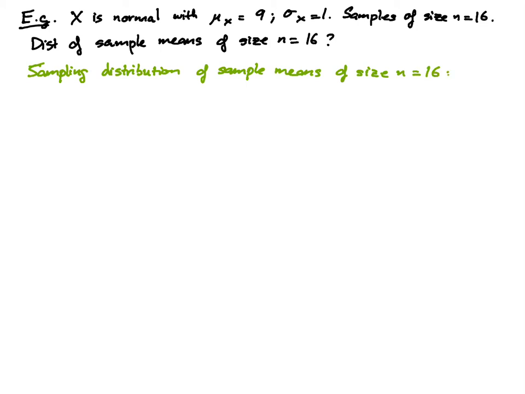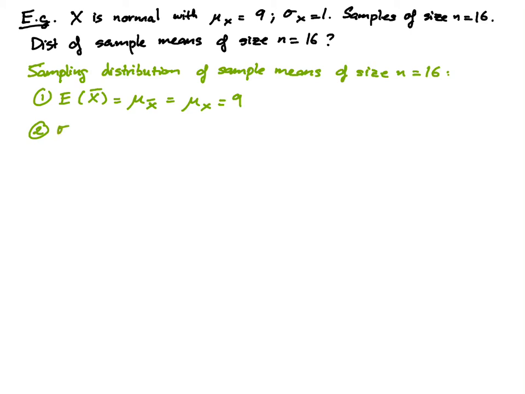Again, we need to identify three things. First off, the expected value of all the means is equal to the mean of the underlying variable x, which is equal to 9.